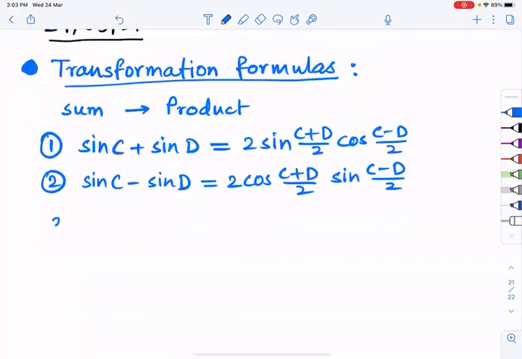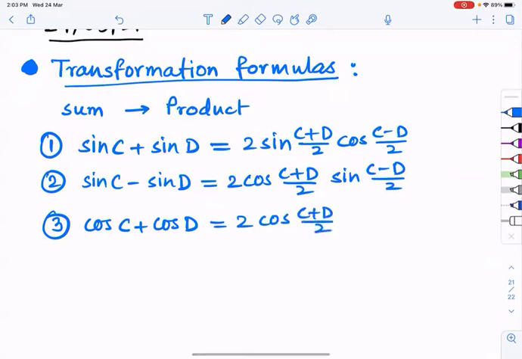Now another one in terms of cos will be cos C plus cos D, that is equal to 2 cos (C plus D) by 2 into cos (C minus D) by 2. So here both are cos, and there is no issue here.